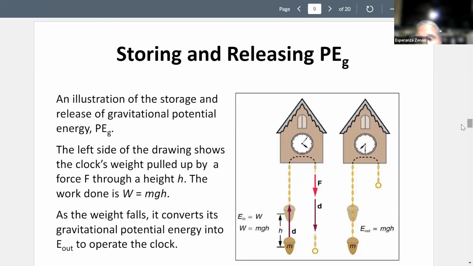And so what they're trying to show you here in this visual is that as you store up energy, the amount of energy stored is equal to the work being done. So you're storing up energy, mgh, and you're doing work, mgh. When you let go of the object and the energy is released, you can use that energy to do work.